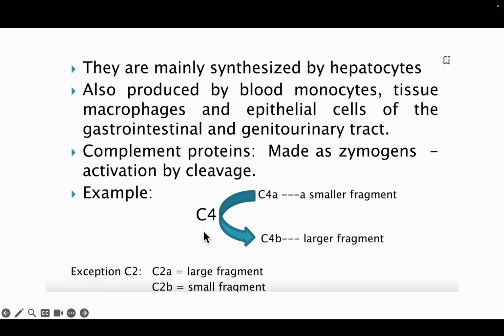Example, C4: the smaller fragment C4a is cleaved off and it forms C4b, which is the larger fragment. The exception is C2, where C2a is the larger fragment and C2b is the smaller fragment.